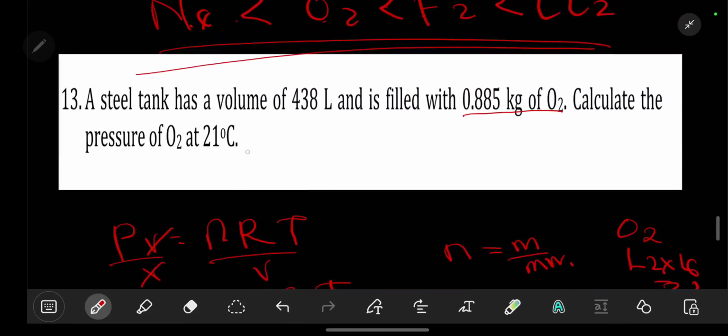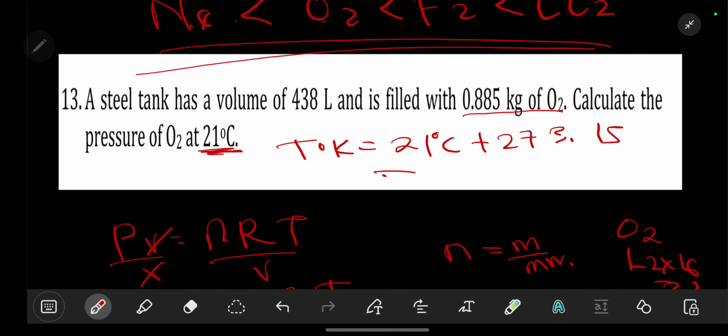Temperature is in 21 degrees, so temperature in Kelvin should be 21 degrees. Remember, you add 273. We have just skipped that. So we get 21 plus 273.15, which gives us a value of 294.15.